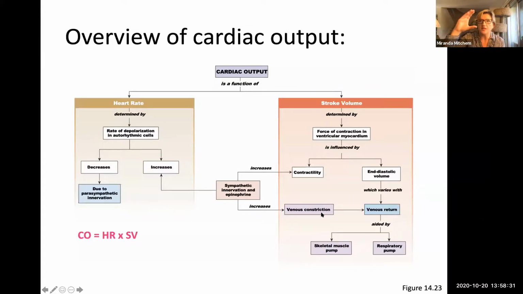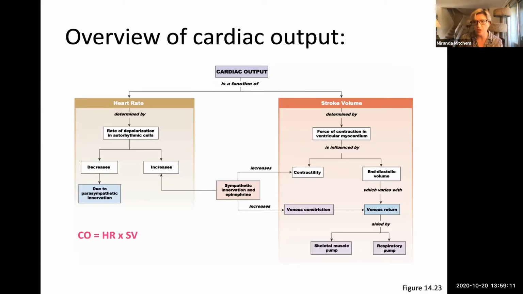This causes the veins to constrict, which gets the blood back to the heart quicker, which is tied to stroke volume. Now, we have two pumps that can affect stroke volume, the respiratory pump and the skeletal muscle pump. These are places in our body where our skeletal muscles push our blood vessels so that it flattens them down, that decreases the diameter, that increases resistance, and helps our blood get back to the heart.